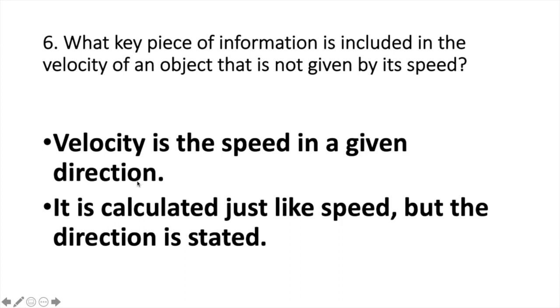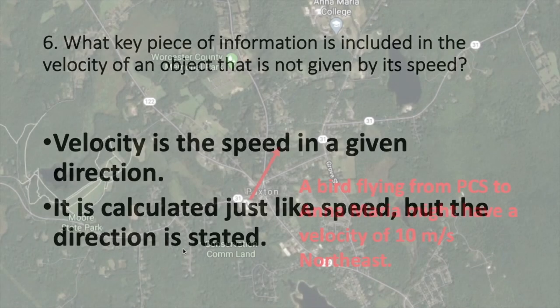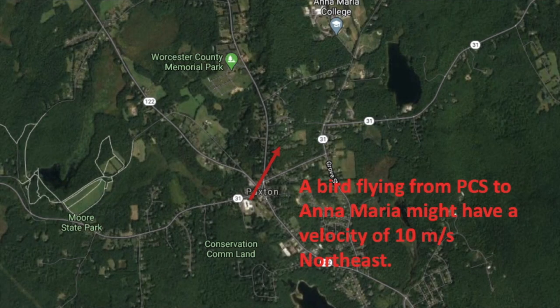You calculate velocity by finding the speed, but you must also state the direction. As an example, a bird flying from Paxton Center School, located here, you can see the building, to Anna Maria College, which is up here, might be flying at a velocity of 10 meters per second to the northeast. This looks like it's roughly northeast.